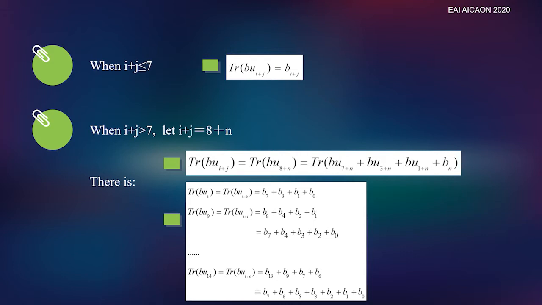When I and J are given in the first formula, according to formula 1, we can get the following results. Here, the first formula produces the following iterative relationship, as we can see in the third formula.